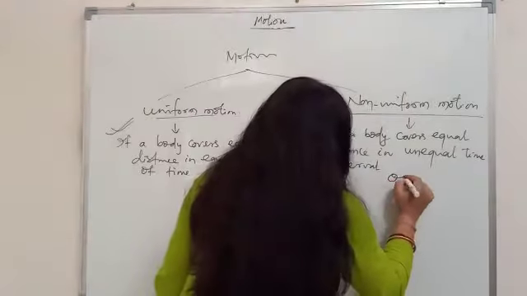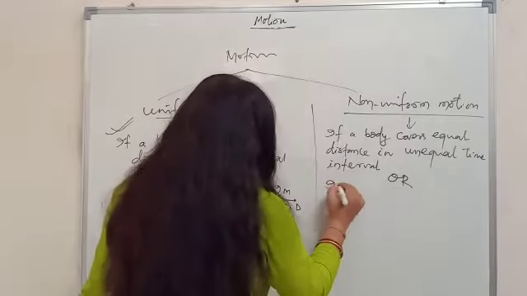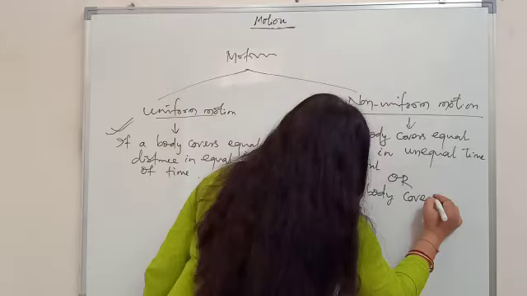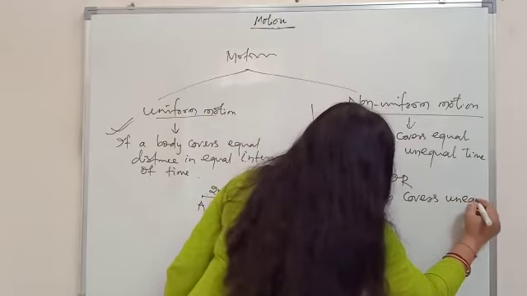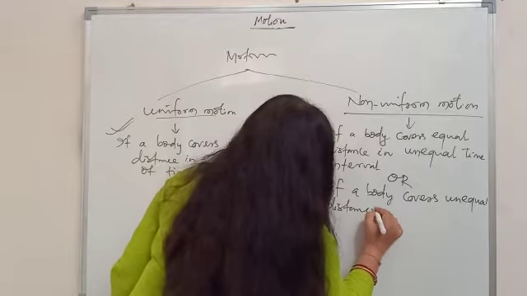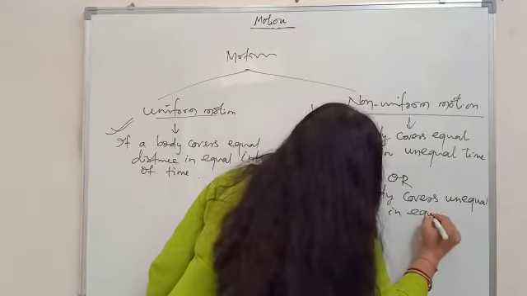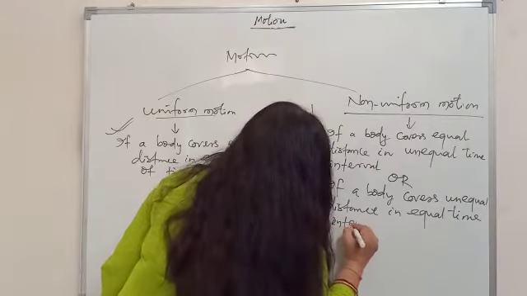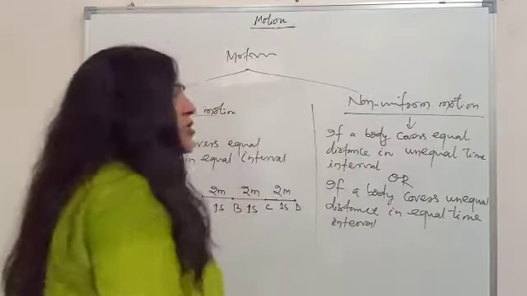Or we can also say it this way: if a body covers unequal distance in equal time intervals, that is called non-uniform motion.